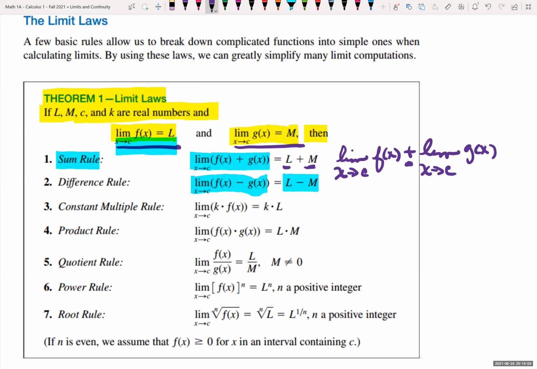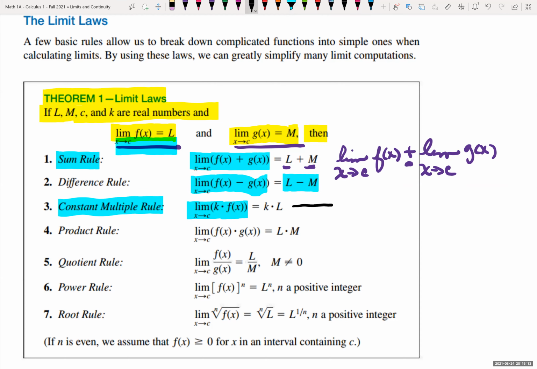The next one helps us if we have some number in front of our variable. This is the constant multiple, and it says here that if you look at the limit where you have some constant in front of your function f of x, we can pull the constant, or the coefficient, in front of our limit. So let me just write out what that says.